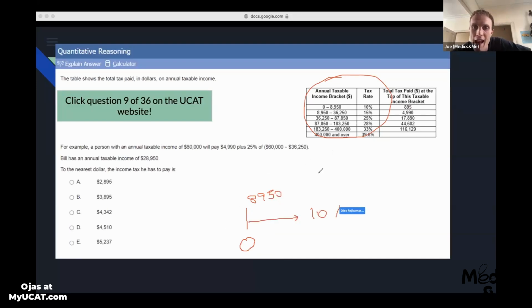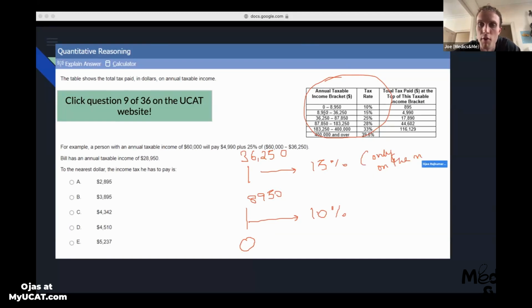So exactly, the first £8,950 I earn is taxed in the bottom bracket of 10%. So I only have to pay 10% of that first £8,950 I earn. Now the next amount I earn, everything from 8,950 up to £36,250, is taxed at 15%. That's what this is telling you here.